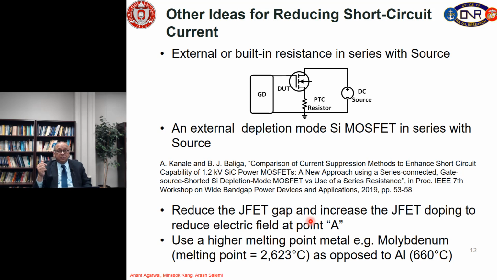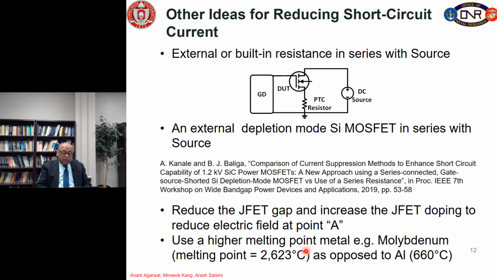So, this is where the research is going. A number of people have shown that this is a good method, but when you reduce the JFET gap, then the JFET resistance will go up, which means you have to increase the n-type doping in the JFET region. So, that optimization has to be done.